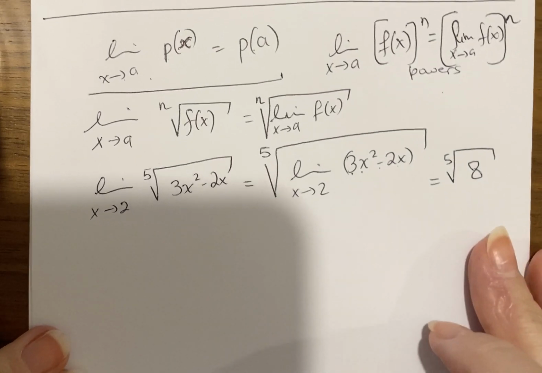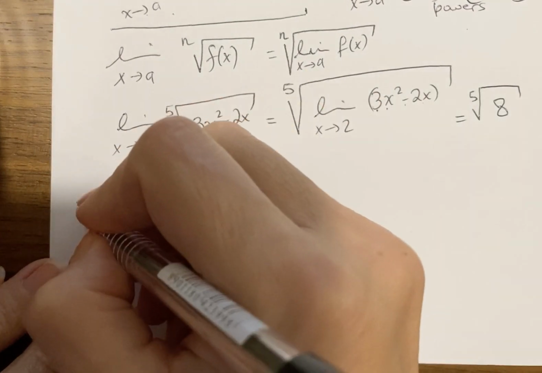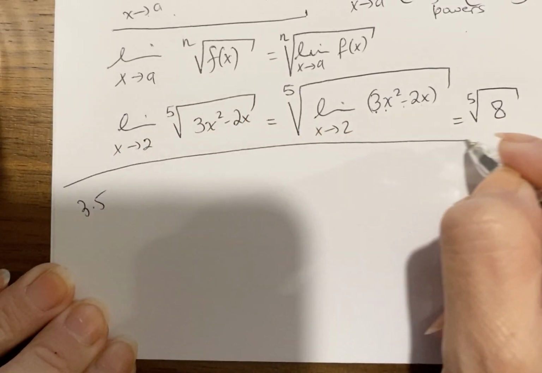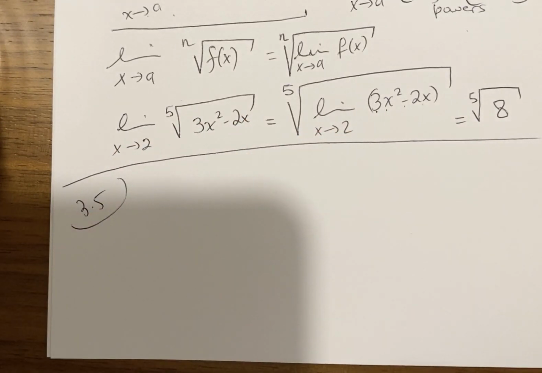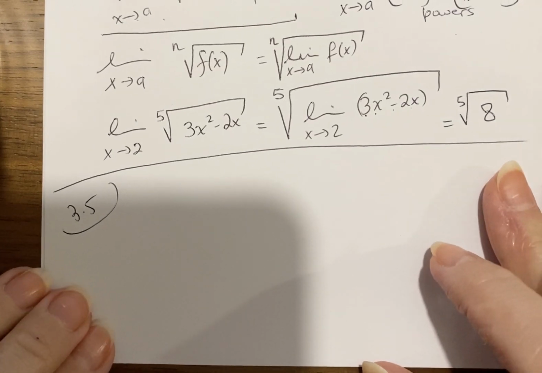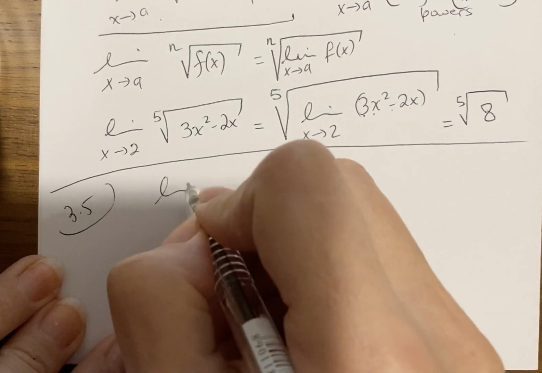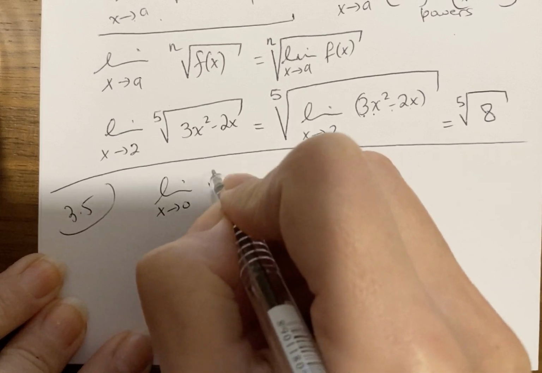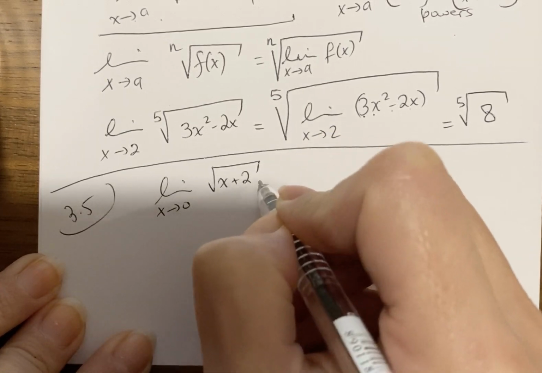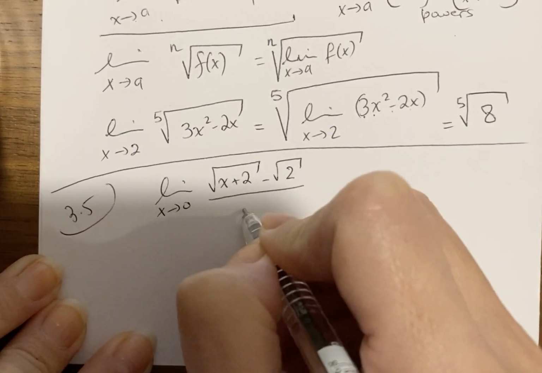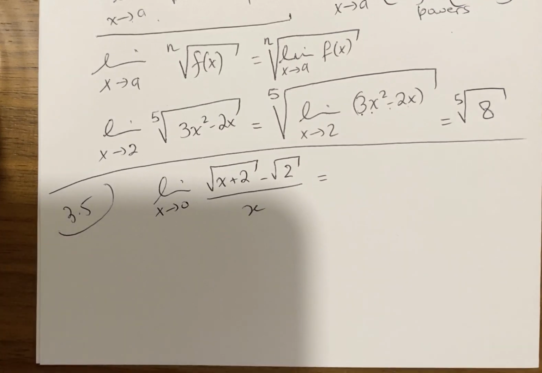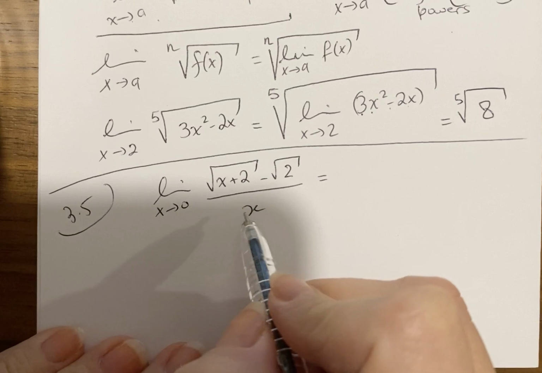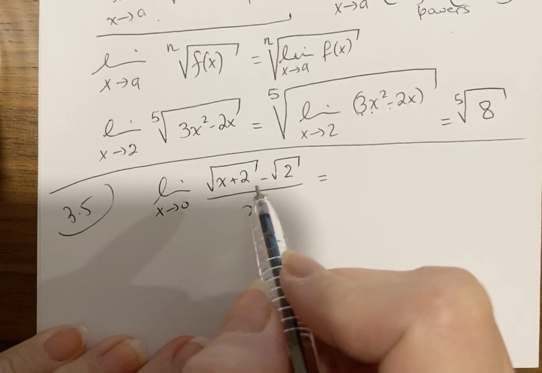Look at another example. That's example number 3.5. And see here how when you think about things rationally, things should make sense to you. The limit as x approaches 0 of root x plus 2 minus root 2 over x, and we want to find it. Now, according to what we have learned, if we want to find such limits, then we end up substituting.